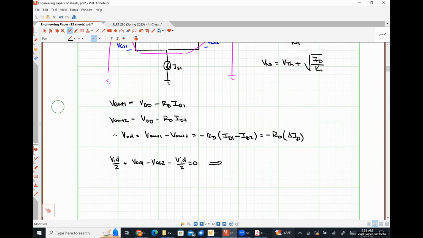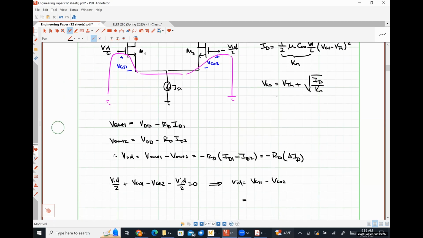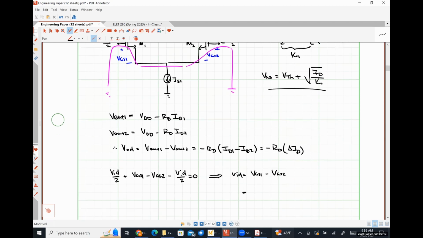And from that, we can see that VID, our differential input voltage, is just the difference between VGS1 and VGS2. And taking this one step further, we can use this expression to relate those VGSs to our drain current, right?